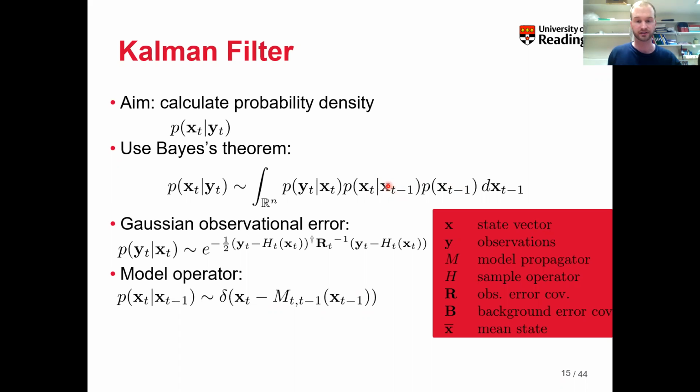And I'm going to assume that the model is perfect, which means that if I give you the truth at the previous time step, then by just applying the model, you can get the truth at the current time step.